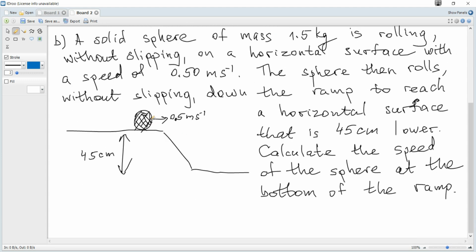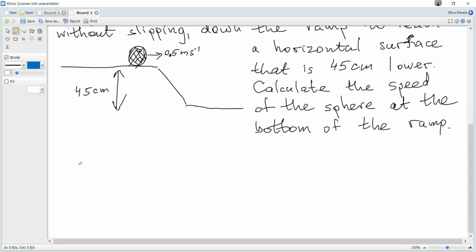So when an object is rolling, there will be kinetic energy which consists of two kinetic energies, translational and rotational. It's translational due to overall motion with speed v.